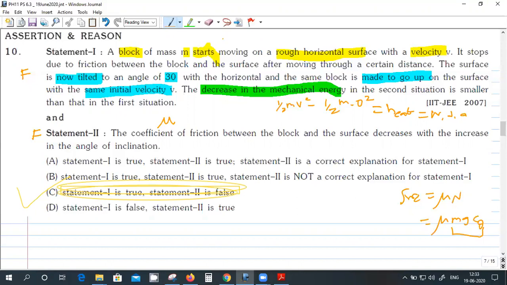Statement 2 is false. If you take just this as a coefficient of friction, it is not going to change. It depends on the surface property. So statement 2 is false. And statement 1, decrease in mechanical energy. See, the difference between the first case and second case is the amount of distance traveled. In both the cases, the final velocity is 0.